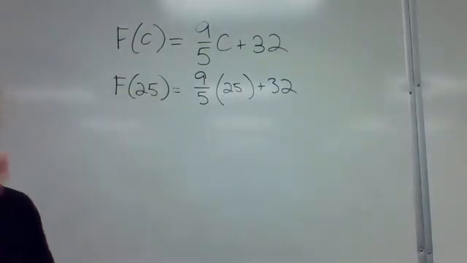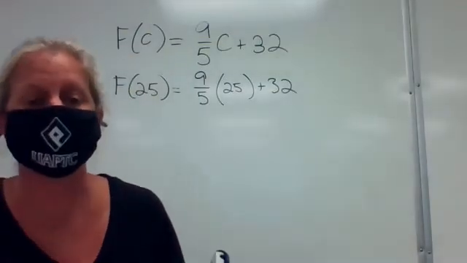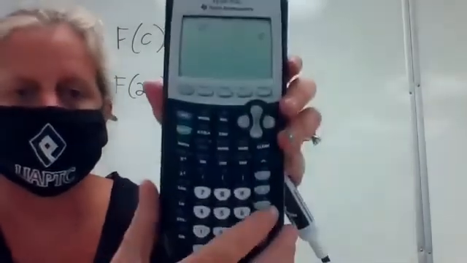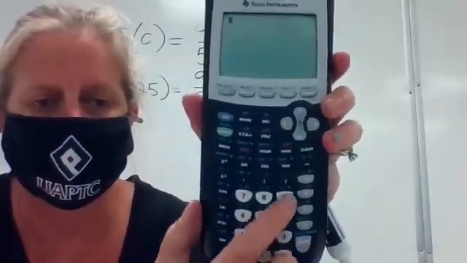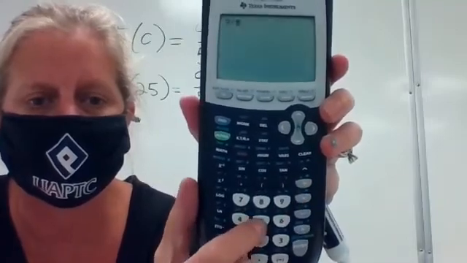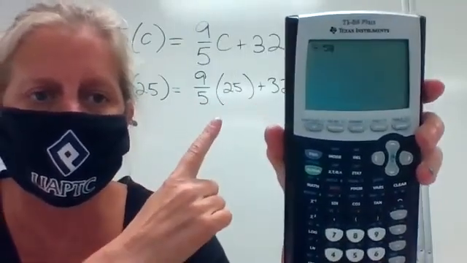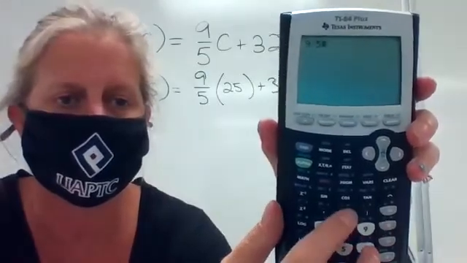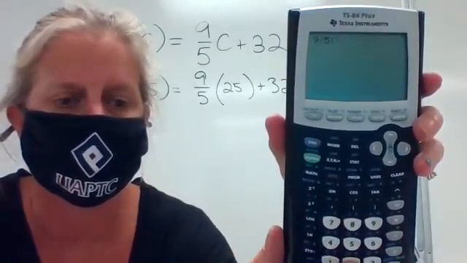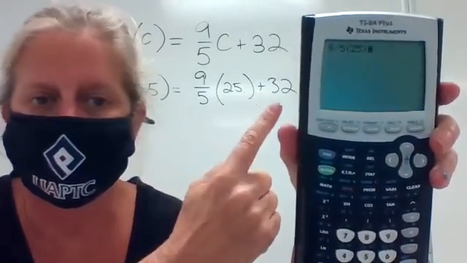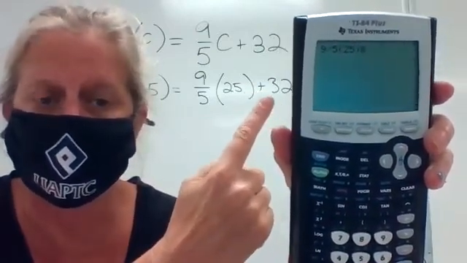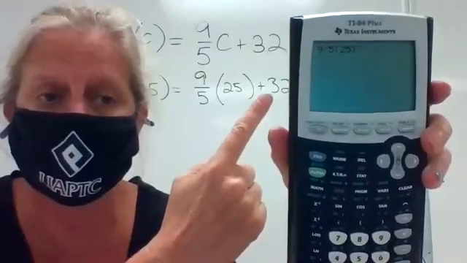Remember, calculators do fractions. So 9/5 times 25. I can type in that whole thing. 9/5, which would mean 9 divided by 5. Then what comes after that? Open parentheses, 25. Close. I can even add this to it. It'll follow the order of operations. If you tell it right what to do, it's going to do the right work.